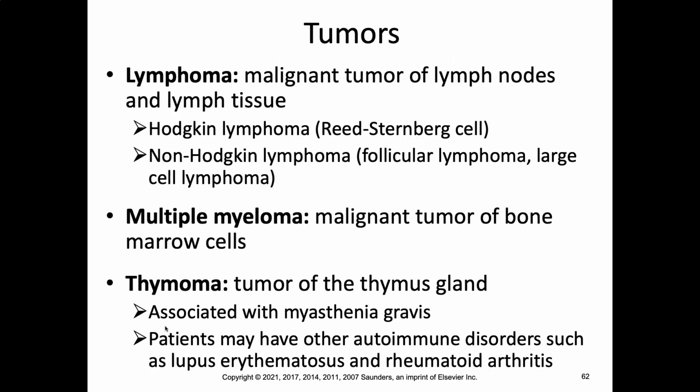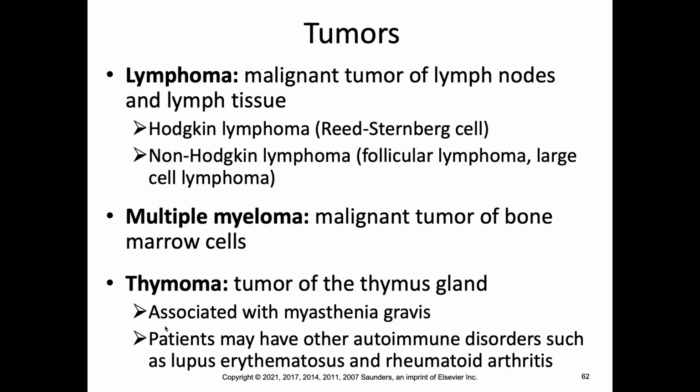There are tumors. People can have tumors in the lymph system. If you've ever heard of lymphoma, that is a malignant tumor of the lymph nodes, lymph tissue. There's Hodgkin's and non-Hodgkin's lymphoma that you may have heard of. Multiple myeloma is that evil tumor of bone marrow cells, and then thymoma is a tumor of the thymus gland.